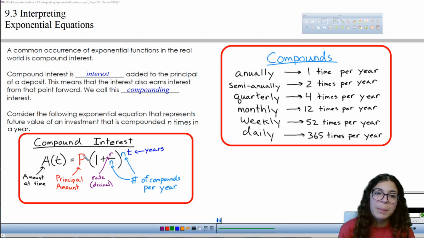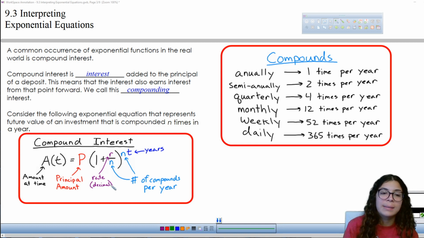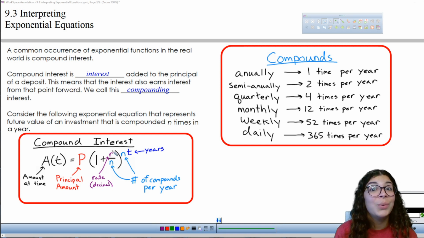P is the principal amount. That's whatever amount of money you put in at the beginning. And then 1, of course, is just 1. R is still our rate, and we still need that in decimals. What we're going to do with the rate, though, is we are going to divide that by n.